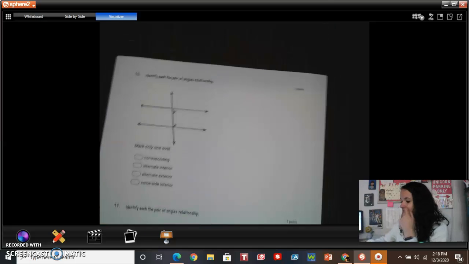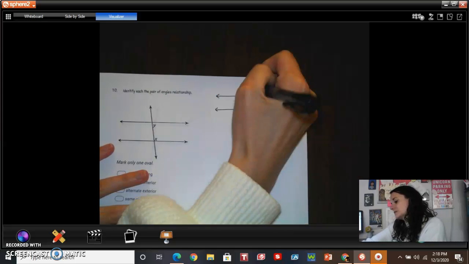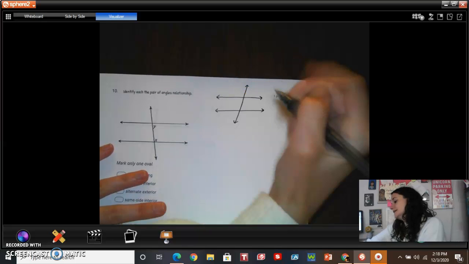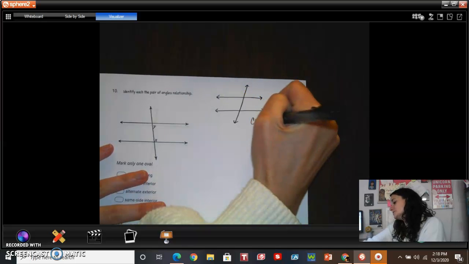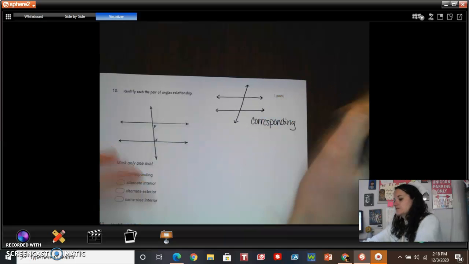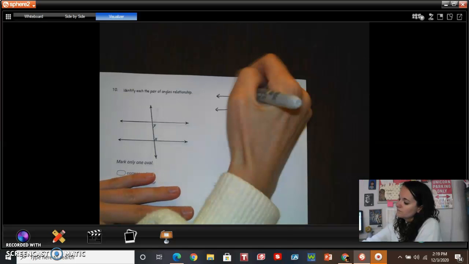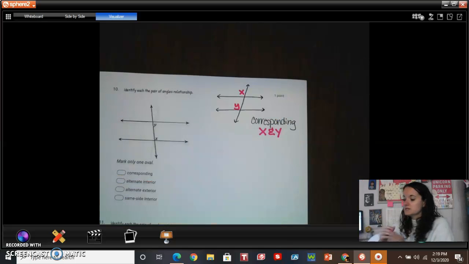Okay, now for the new stuff. Now, just a reminder of all of our angle relationships. Okay, first one we have is corresponding. So corresponding means we're going to be in the same spot. For example, X and Y are in the same spot.